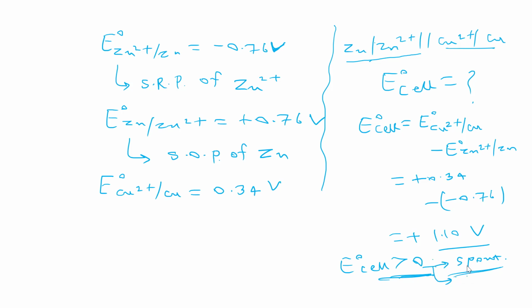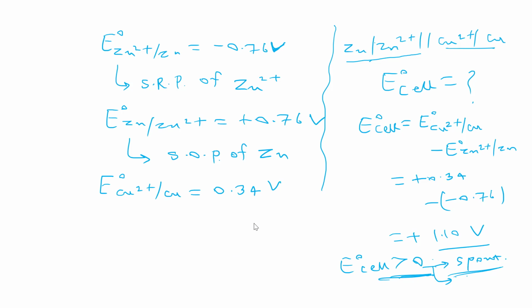These things are determined with the help of this. Whenever the cell potential, or potential difference, is positive, the cell can do work. Otherwise, if it is negative, the cell cannot do work. So for spontaneity, the cell potential should be greater than 0. If we are measuring spontaneity in standard condition, then the standard cell potential should be greater than 0.